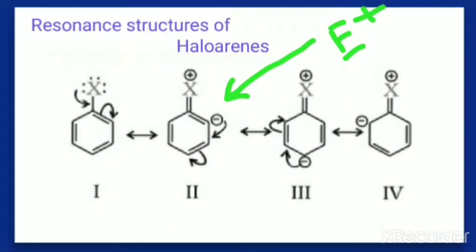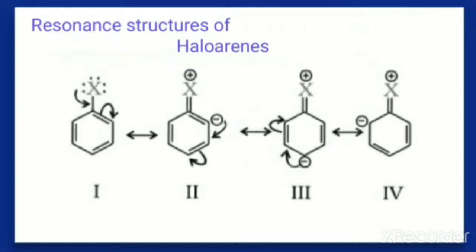So whenever the electrophile approaches, it attacks the ortho position instead of meta, because in the meta position, compared to ortho and para, the electron density is lower, as there is no negative charge at the meta position. When you observe here, that is the meta position. At ortho and para positions, the electron density is higher.